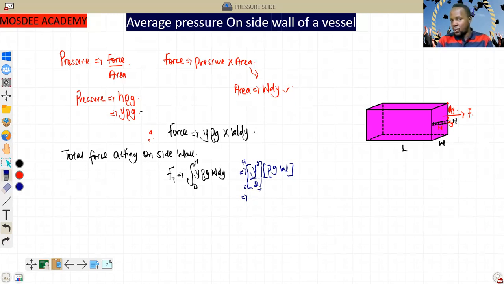So it will be h squared by 2, which you can write as 1 over 2 h squared rho g W. Where is 1 coming from? There is an invisible 1 here, and there is also 2 under. So 1 over 2. How am I having h squared?